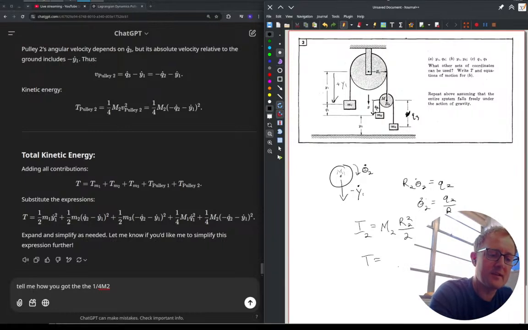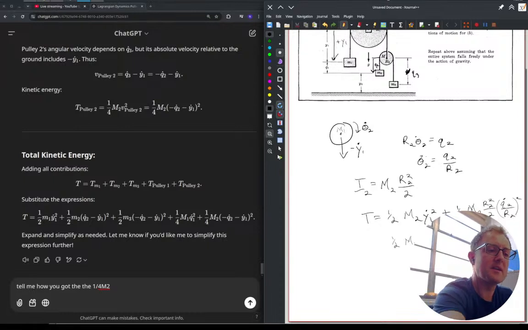So kinetic energy is 1/2 capital M2 times y1 dot squared plus 1/2 r2 squared over 2 times q2 dot over r2 squared, 1/2 m2 y2 dot squared plus 1/4 m2.